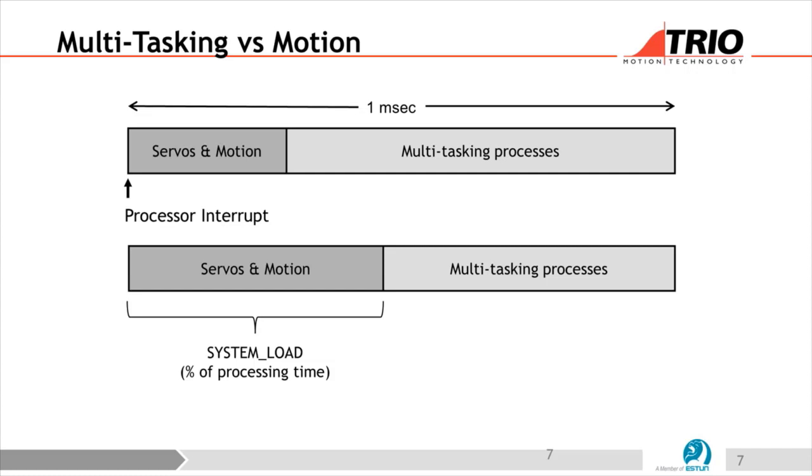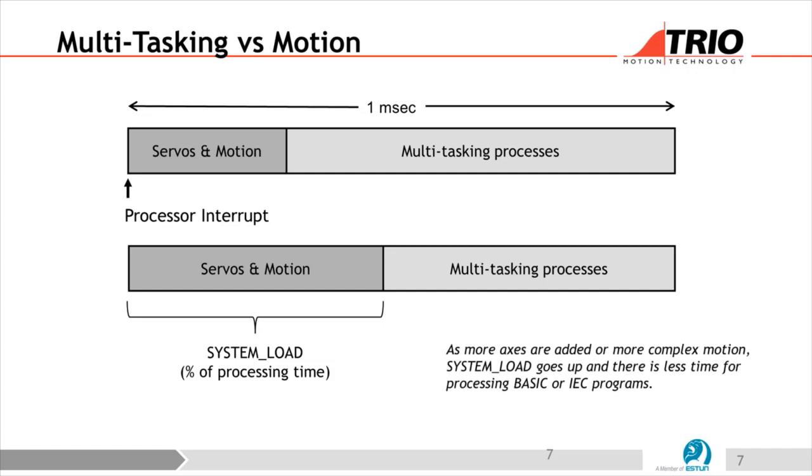You can read the amount of time taken in a servo cycle with system load for the servos and motion. So you can read that back. And generally, the more axes you put in, the higher the system load will go. And it'll peak a little bit if you do a really complex type of move.